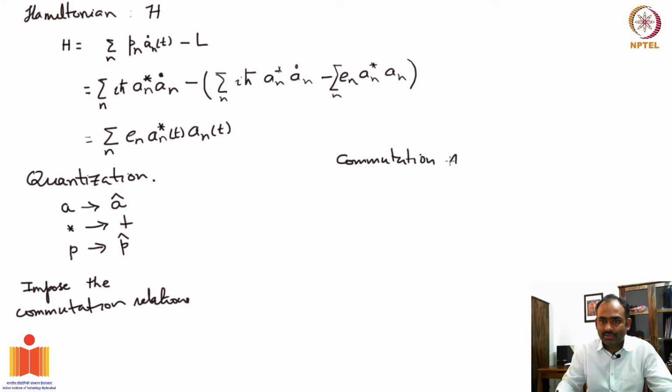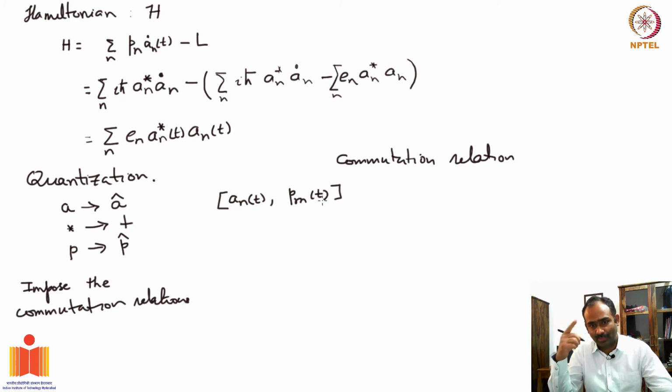So A and P, if I take An of t and Pm of t, and calculate its commutation relation, this will be iℏ times the Poisson bracket, and the Poisson bracket has to be delta mn, because these are canonically conjugate pairs.